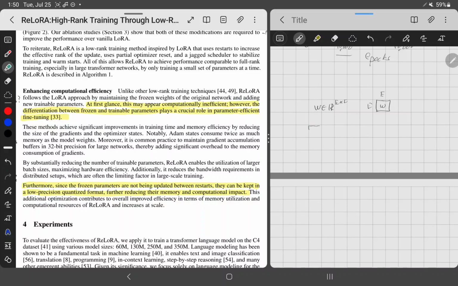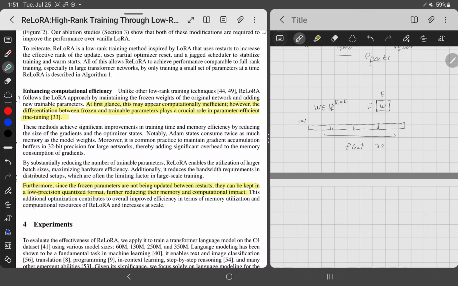For parameter 1 by 1, you actually store maybe 2 bytes or 3 bytes or maybe 4 bytes. If you store a float, 4 bytes, that would be a float 32, which is what is usually used for training.